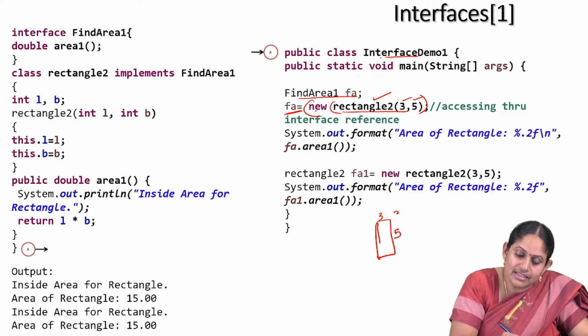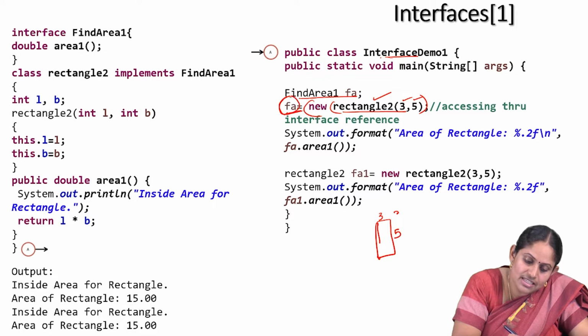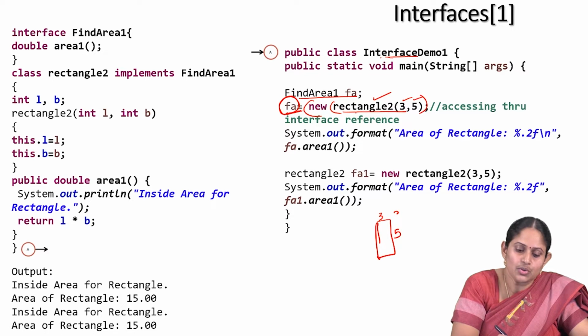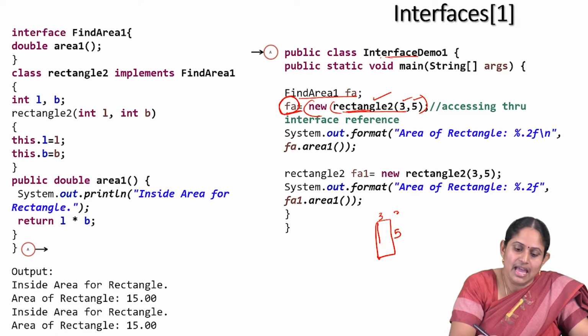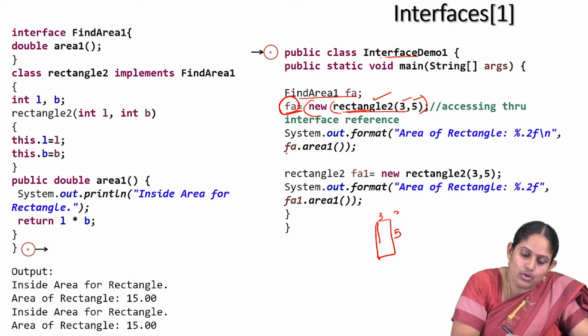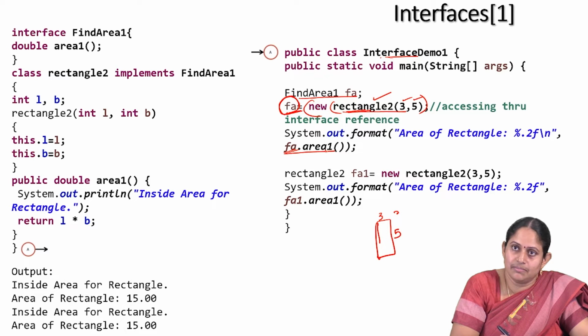So here we are making use of the interface reference variable to access the object of the rectangle class, and using that same interface reference variable, we are invoking the area method available.